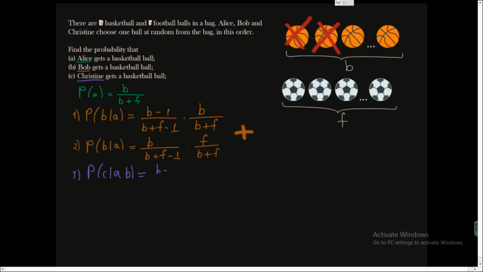The first part is for Christine. We multiply this by the probability for Bob that he takes a basketball ball, and multiply by the probability for Alice.